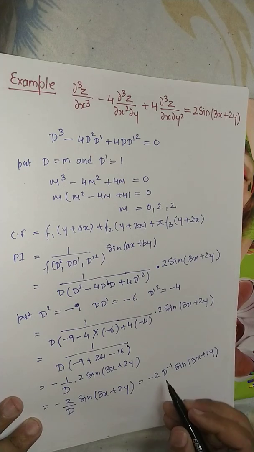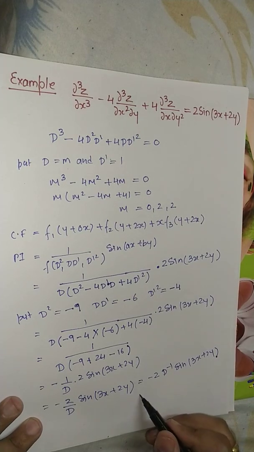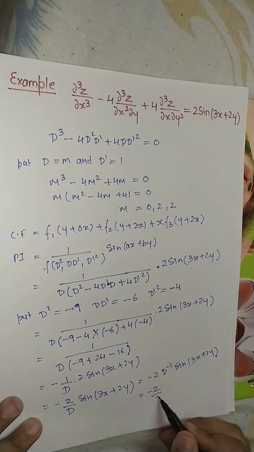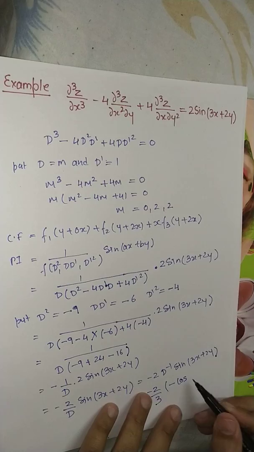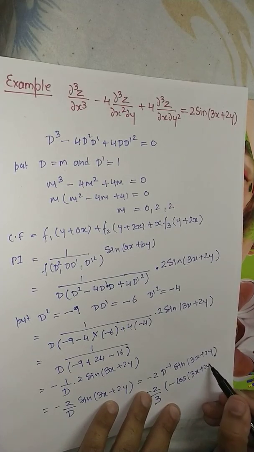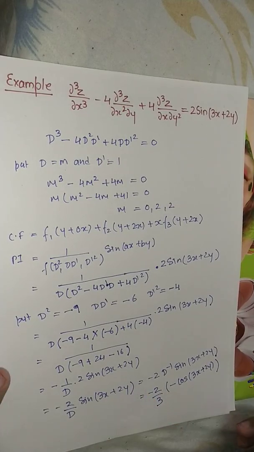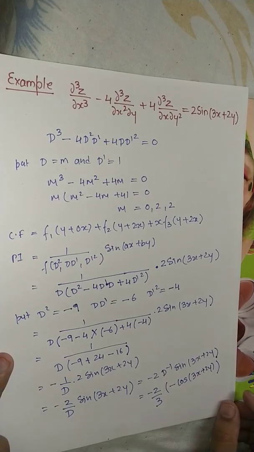So now solving, the integral of sine of 3x plus 2y will be minus of 2 upon 3 minus of cos 3x plus 2y. So we have the particular integral.